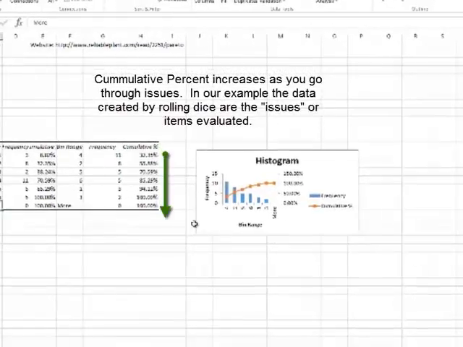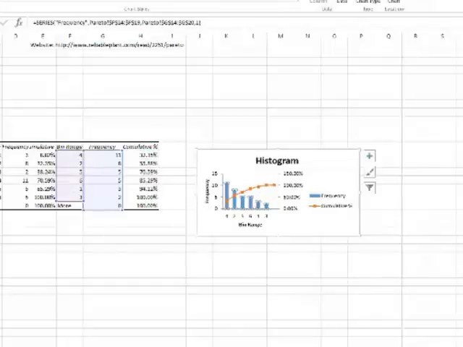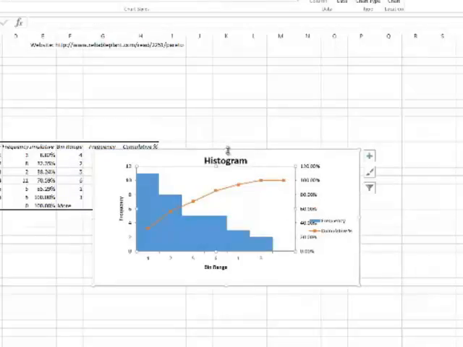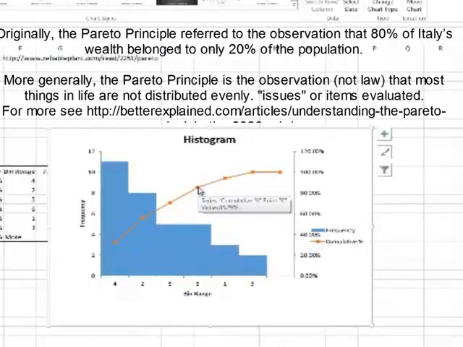This makes it really easy to create the Pareto chart, the data analysis toolpack, because the frequency and the cumulative would have to be calculated on their own. The cumulative, you notice, is increased, and that's what's shown in the arc right here. I'm going to take out the gap again, changing the gap width. If we were to think about the 80-20 rule, 80% of the rolls were 4, 2, 5, and 6.